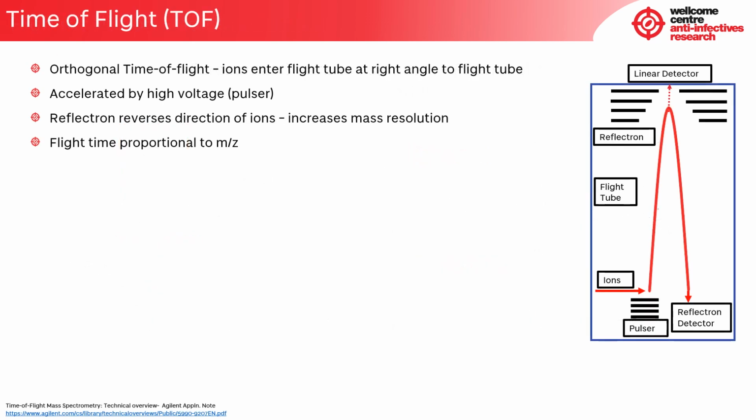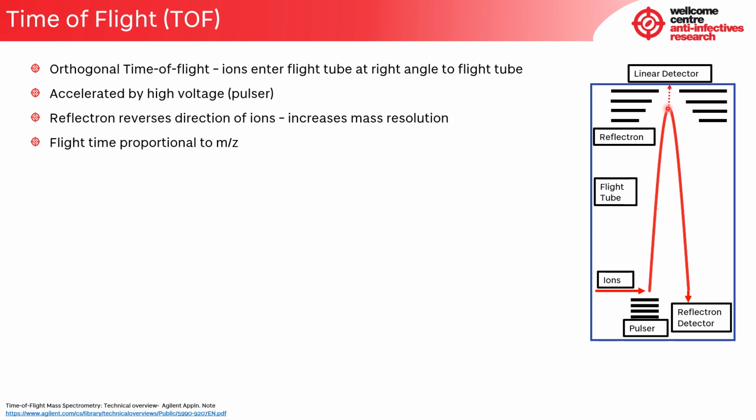If we look at high-resolution mass spectrometry and start off with time of flight, ions entering the flight tube from the source are intermittently accelerated by a high voltage applied to the pulsar. This gives the ions a certain amount of kinetic energy and sends them down the flight tube and also starts the timing mechanism.